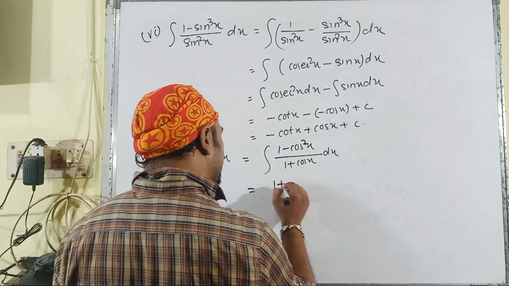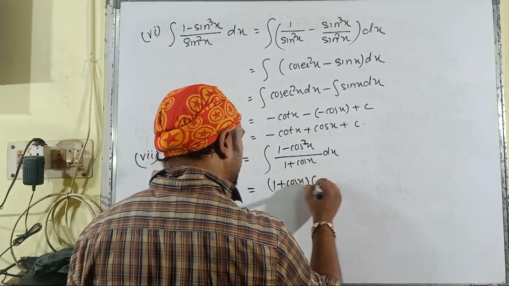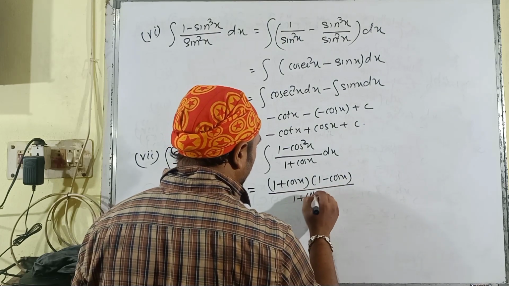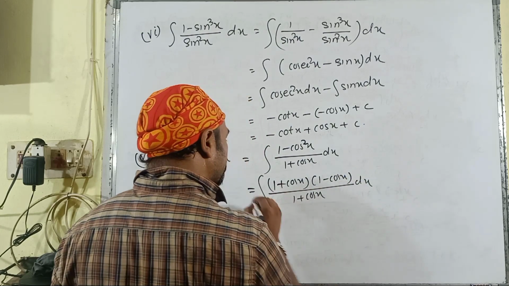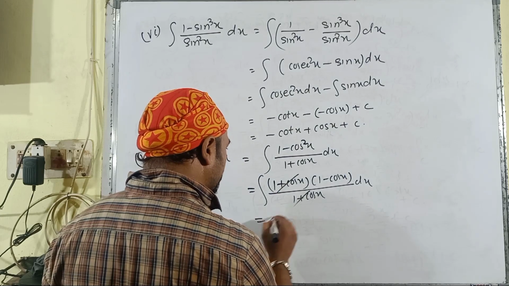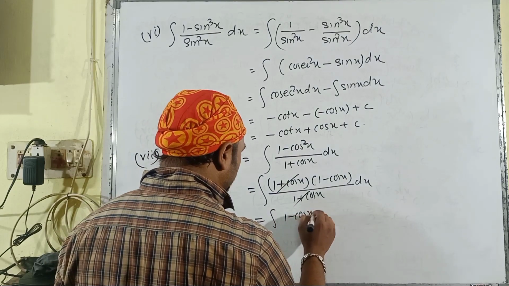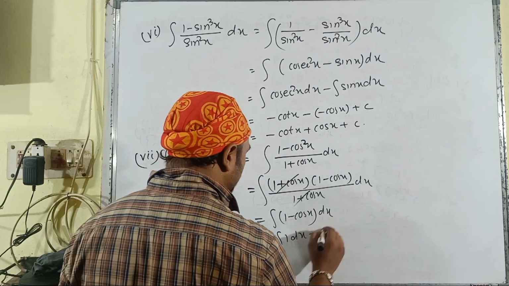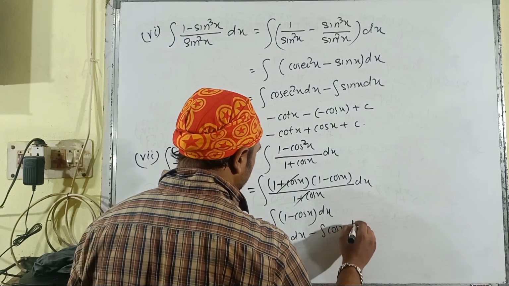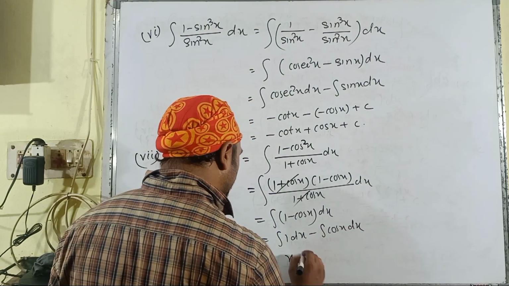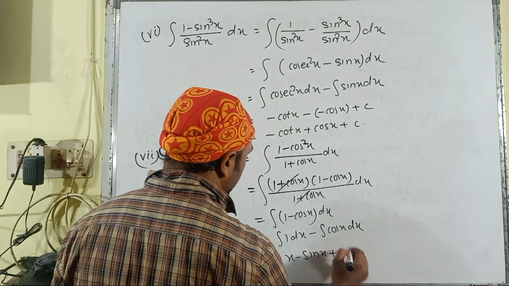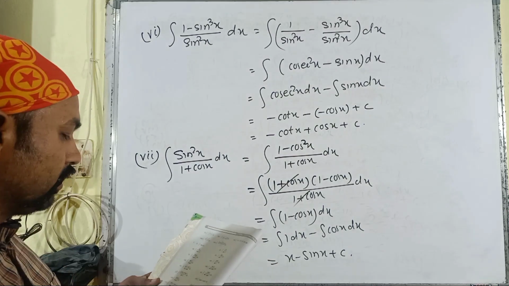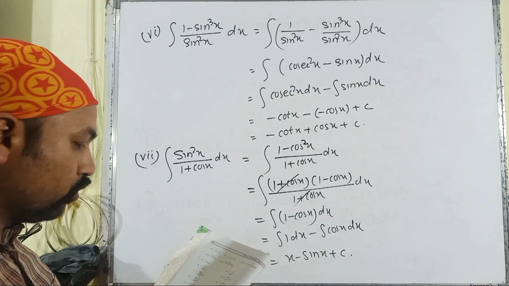So it will be 1 plus cos x multiplied with 1 minus cos x whole divided by 1 plus cos x dx. Cancelling both of the common parts here, integral of 1 minus cos x dx, then it will be integral of 1 dx minus integral of cos x dx. So it will be x minus sin x plus any constant c, which is the answer for the seventh bit of number 2.